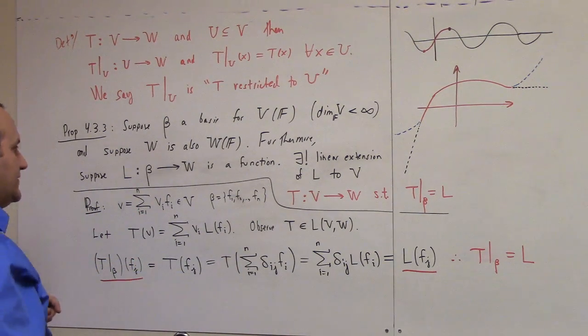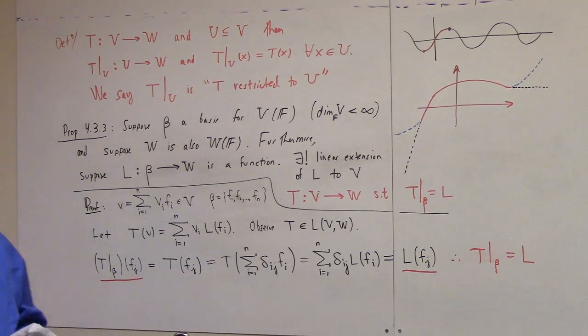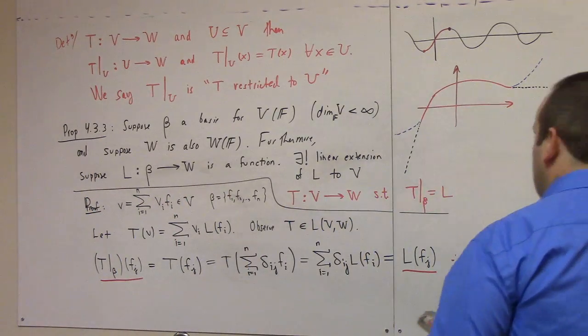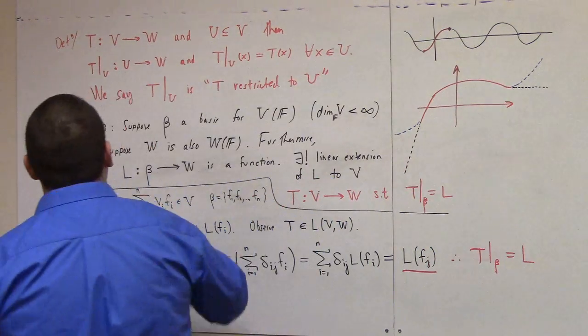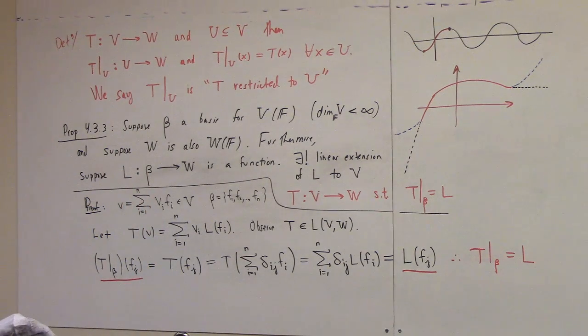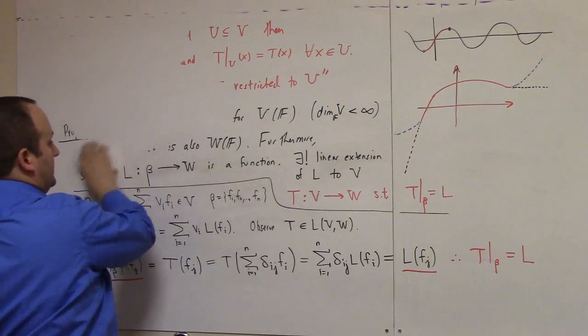So linear transformations are really easy to pin down. That is a great contrast to other kinds of functions, where the possibilities of extensions are limitless. So linear transformations are very, very structured.